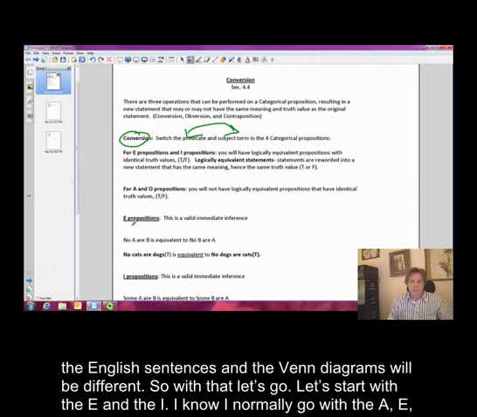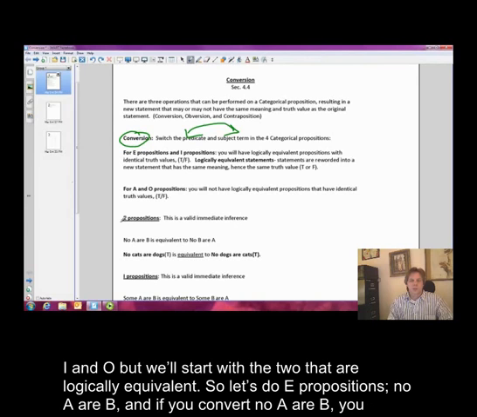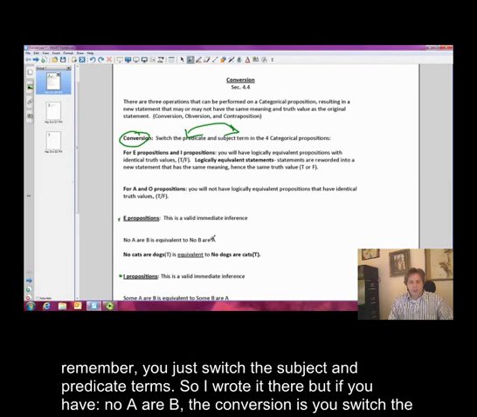Let's start with the E and the I. I know I normally go with the A, E, I, and O, but we'll start with the two that are logically equivalent. So let's do E propositions. No A are B. If you convert no A are B, you remember you just switch the subject and predicate terms.